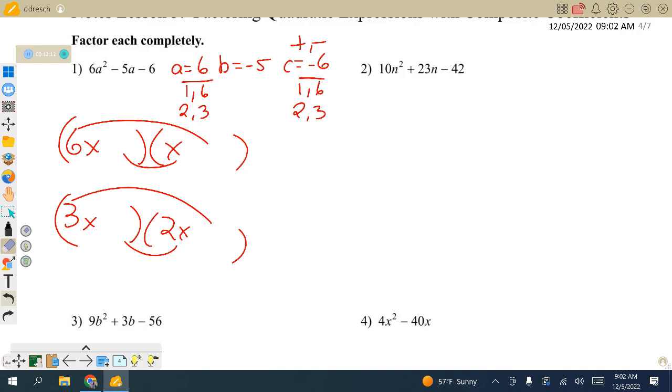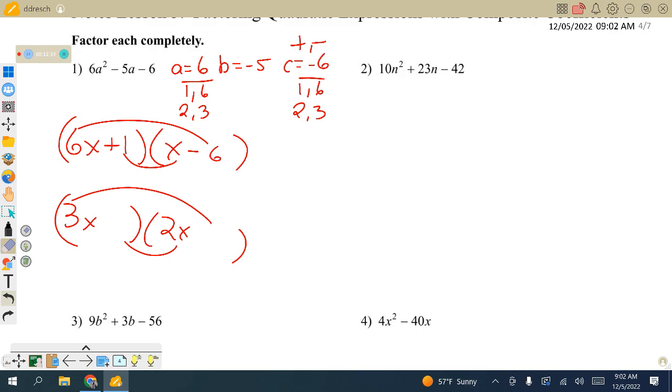Caleb? You could do -6 and +1. Where at? The top one or the bottom one? The top one. You said 6x what? +1, and then -6?